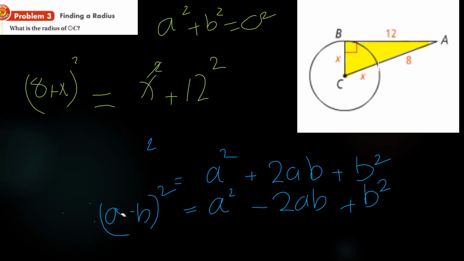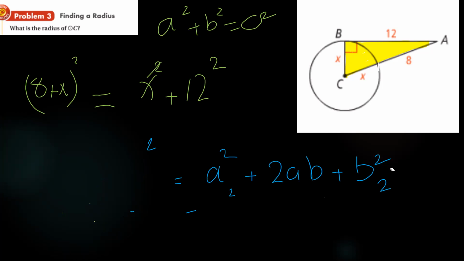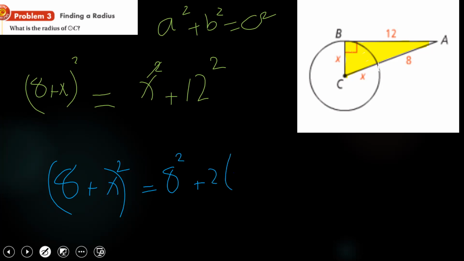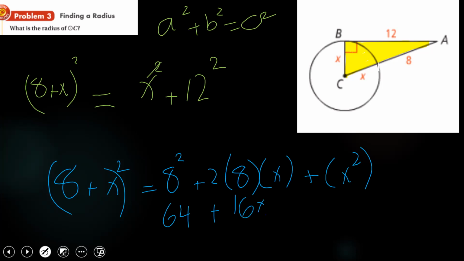So let's continue. 8 plus x squared is 8 squared plus 2 times the first one times the second one plus the second one squared. So I have 64 plus 16x plus x squared.